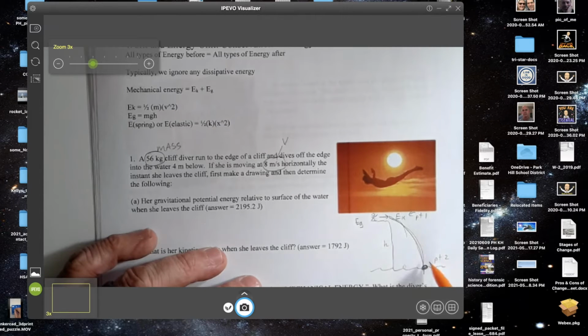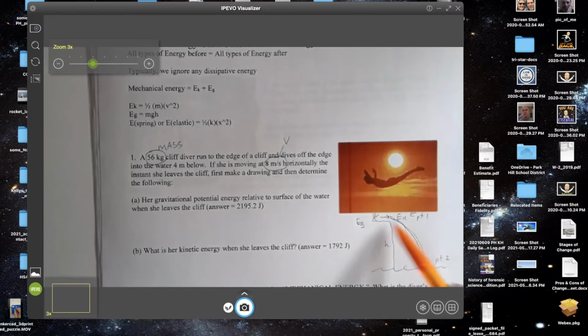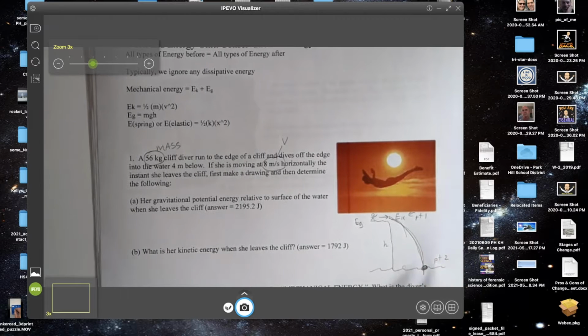At point 2, the gravitational energy that she had will be converted into more kinetic energy. She has kinetic energy because of her horizontal motion, and she'll have even more because now she's got that horizontal velocity and vertical velocity.